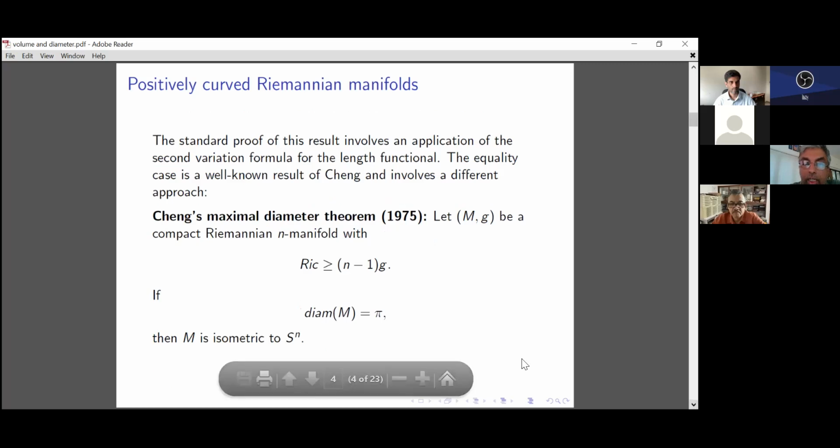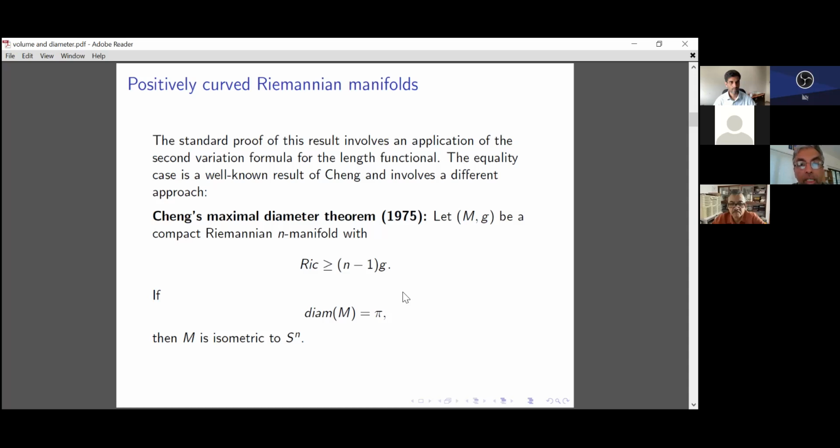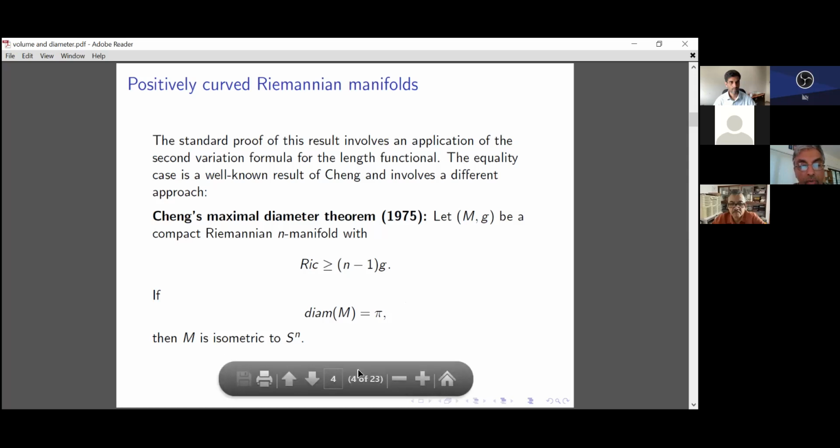The case of equality had to wait almost 30 years, and then Cheng proved his famous maximal diameter theorem. It states that, with the same hypothesis, Ricci curvature greater than or equal to n-1 times g, if the diameter is actually equal to pi, then M is isometric to S^n.